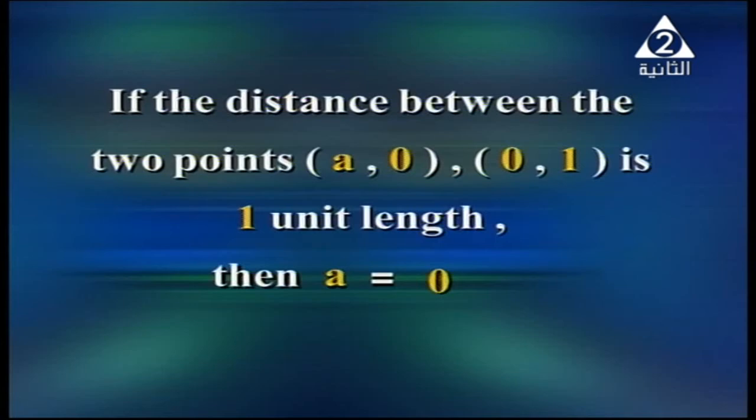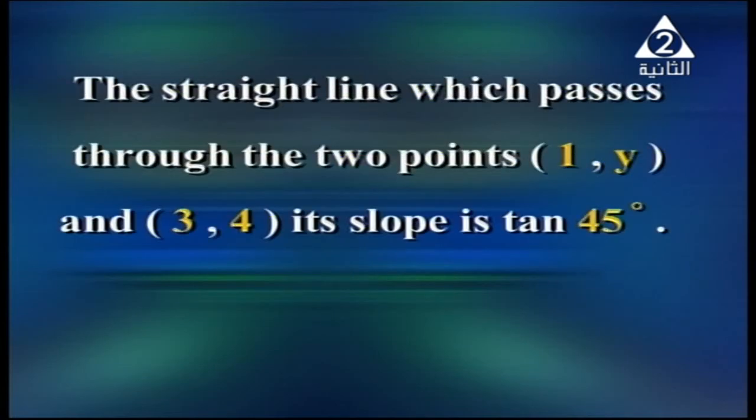Let us have another example. The straight line which passes through the 2 points (1, y) and (3, 4), its slope is tan 45 degrees, then y equals what? A straight line passing through 2 points, so we can find the slope of this line. And this line will be making an angle of measure 45 degrees, so the slope will be tan 45.